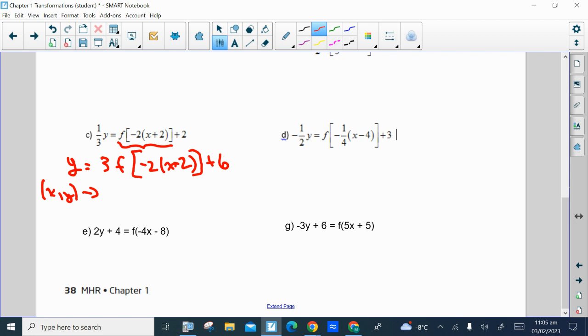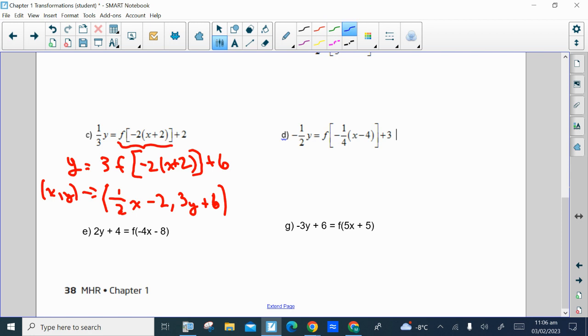But because b is actually negative 2, you'd multiply all the x values by negative a half, and then decrease them by 2 because h is negative 2. Our y values are multiplied by 3 and then increased by 6. So there's the mapping notation.